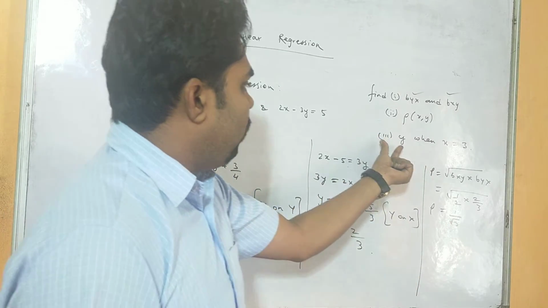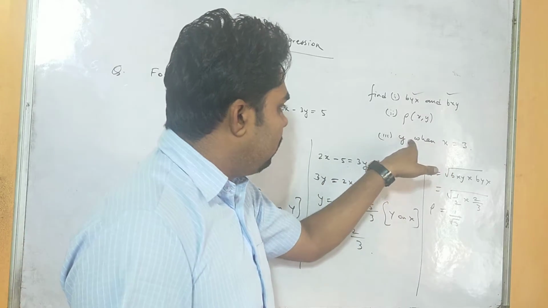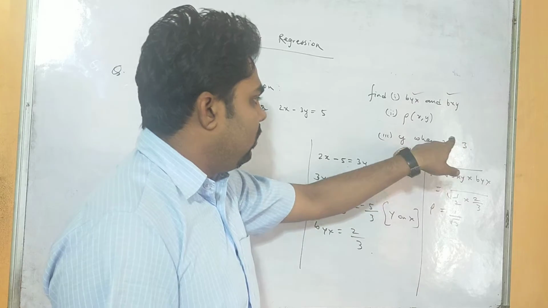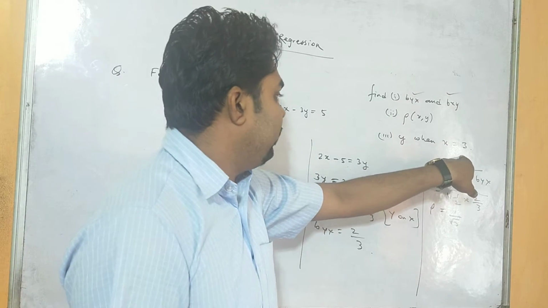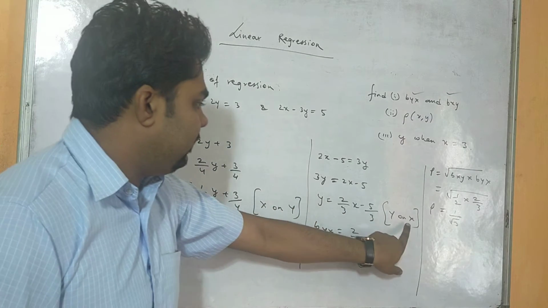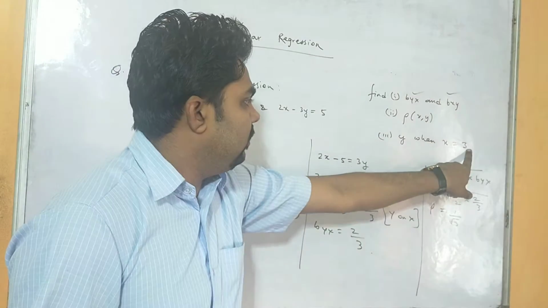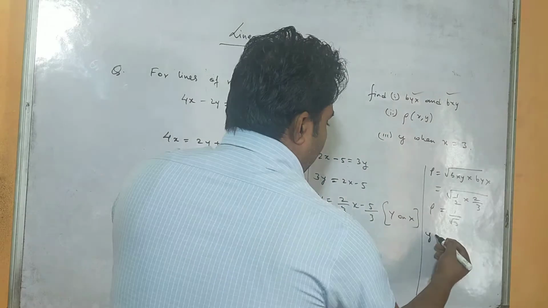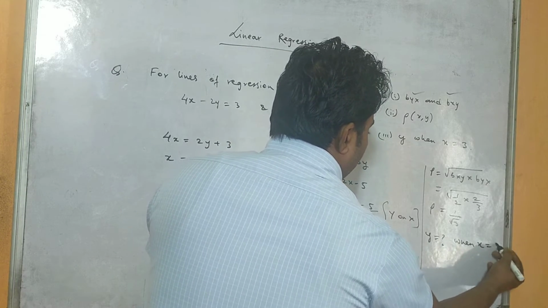Next we have to calculate y when x equals 3. So we have to find the y value and the x value is given. So this value of x we have to substitute in the y on x equation. Which one is y on x? This is our y on x equation, right? In this equation we will substitute 3 in place of x.